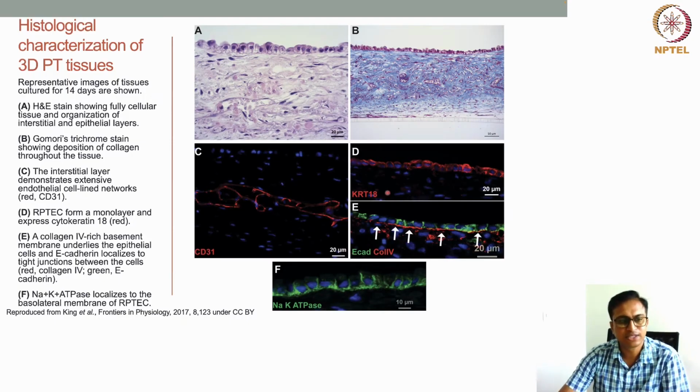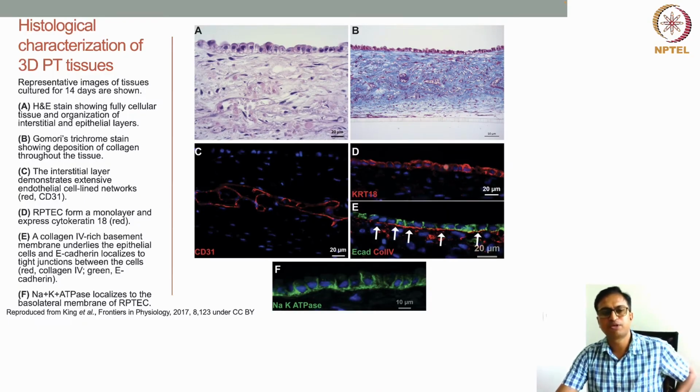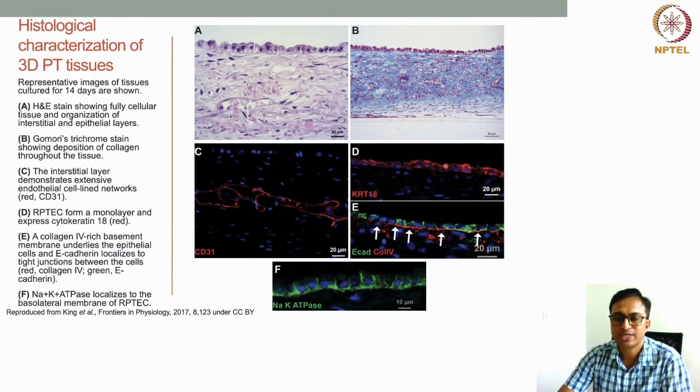And then the other thing is the RPTEC monolayer expresses cytokeratin, that is red. This is keratin 18. So here the epithelial tissue forms a monolayer and they express cytokeratin. That is a typical marker for the epithelial cells, and you can clearly see here a tight epithelial layer is formed in this case.